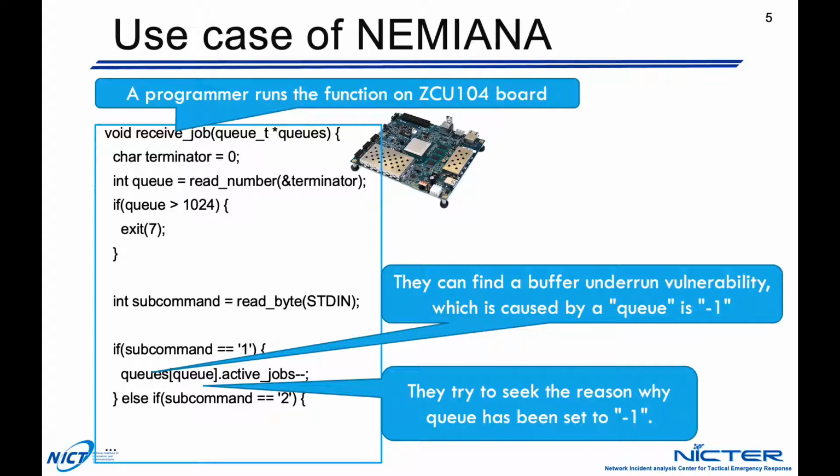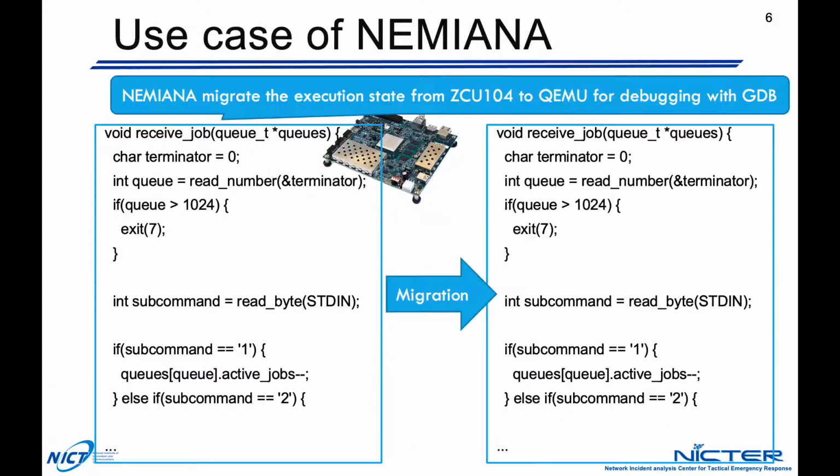They try to seek the reason why Q has been set to -1. The programmer thinks that debugging on QEMU is easier for this bug. They send some commands to NEMIANA, and NEMIANA migrates the execution state from the FPGA board to QEMU for debugging with GDB.